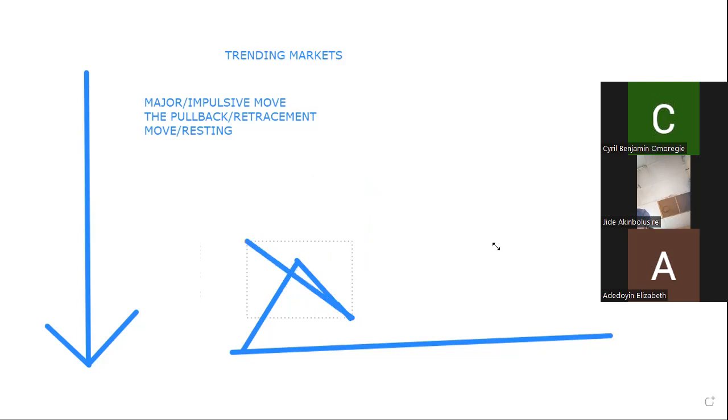We need to analyze the market on a higher time frame.